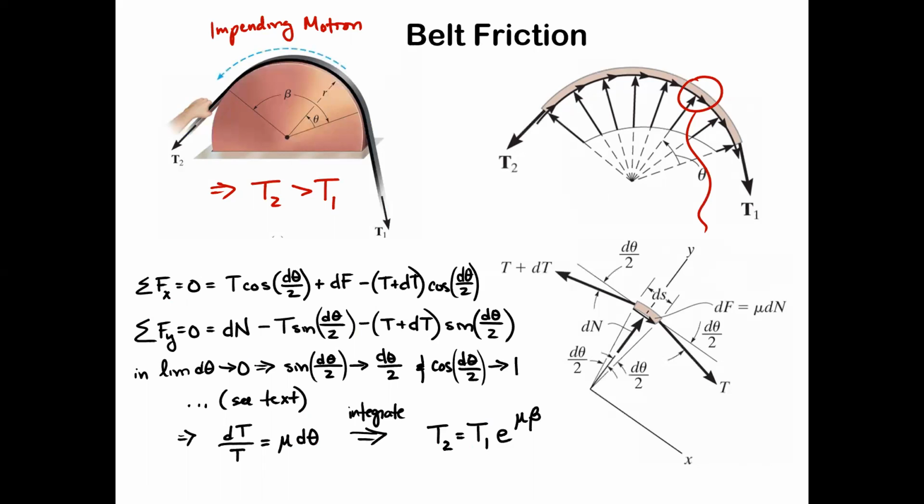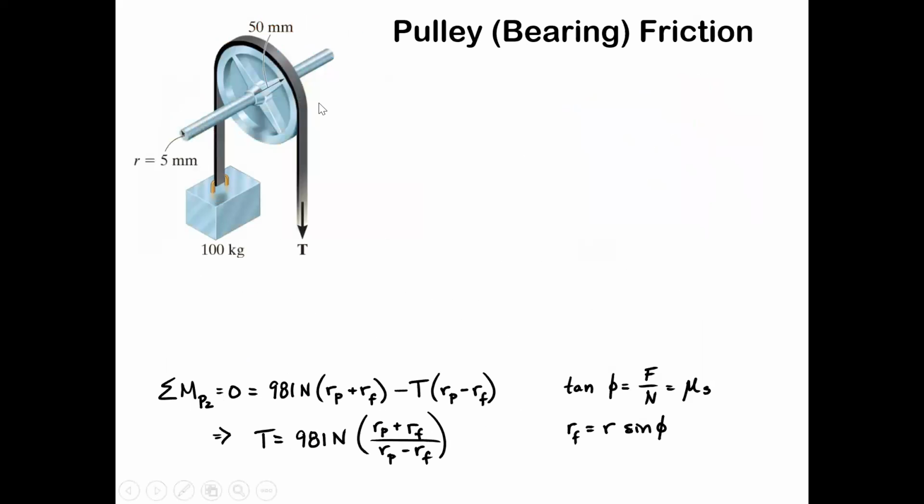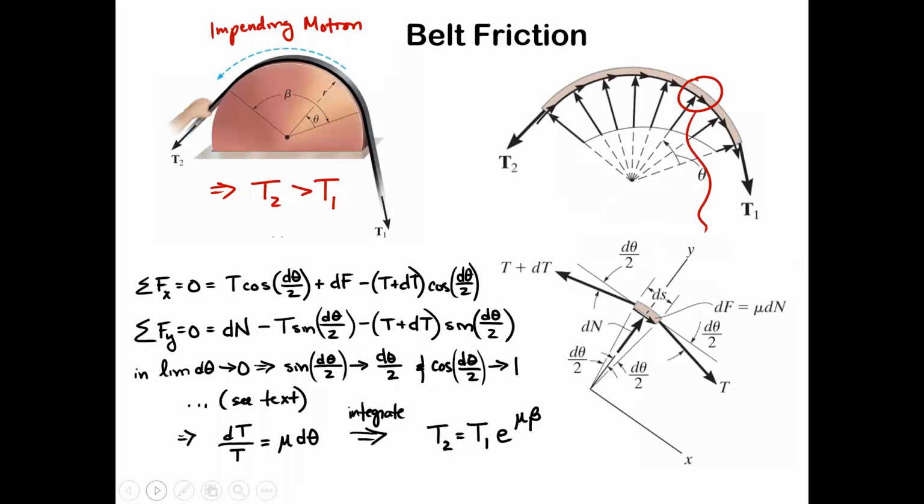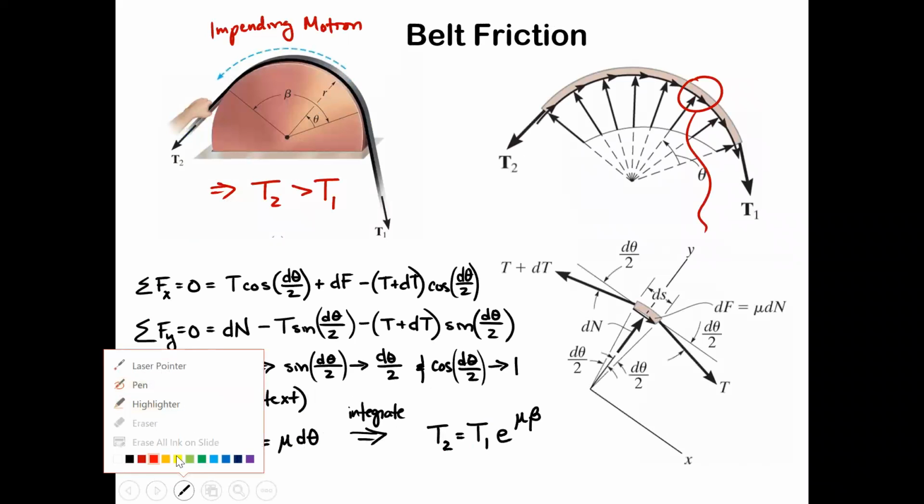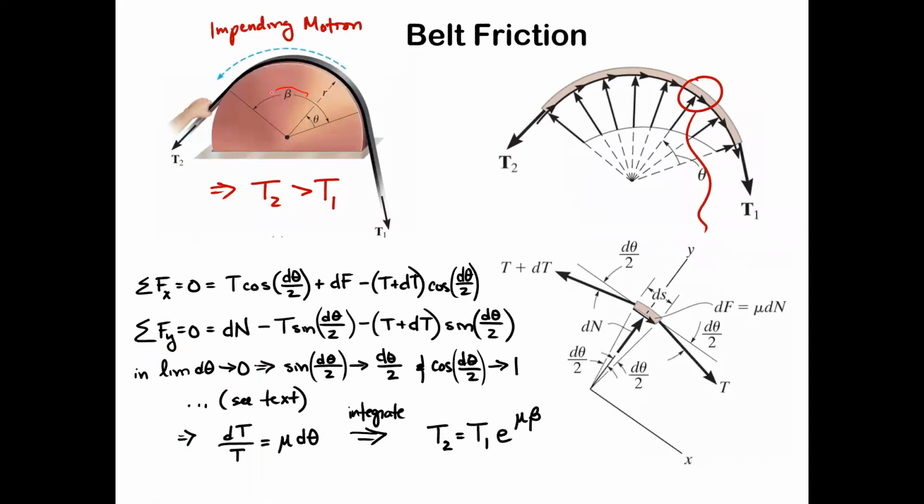And this makes an arc. If the angle that the belt is in contact with the drum is called beta, you can do this derivation. I don't think it's terribly useful to be able to follow it, but if you're curious, I could step you through it.